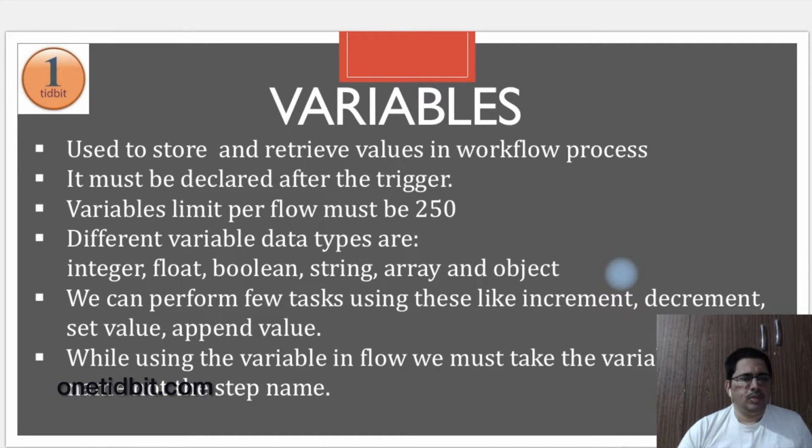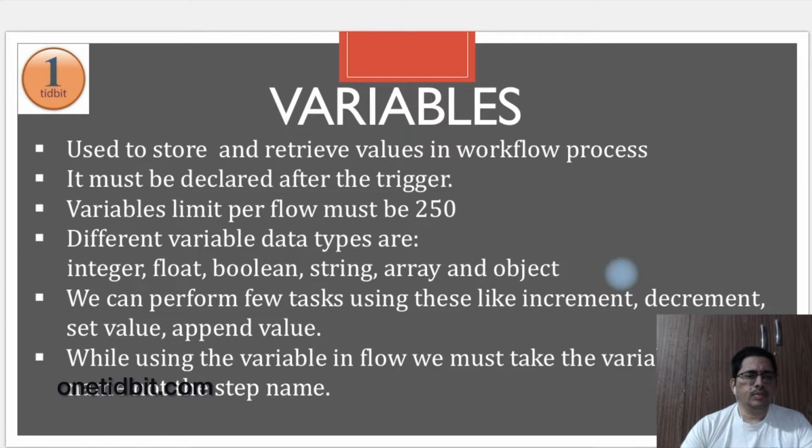While using these variables in the flow, we must take the variable name, not the step name. Step name means while creating the workflow, we will create a new step, right? It will have a name. So here we must use only the variable name, not the step name.